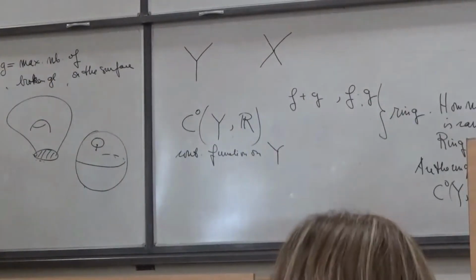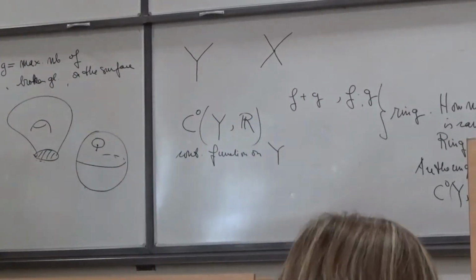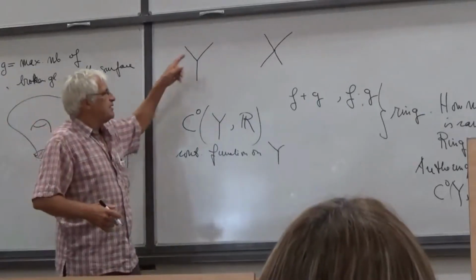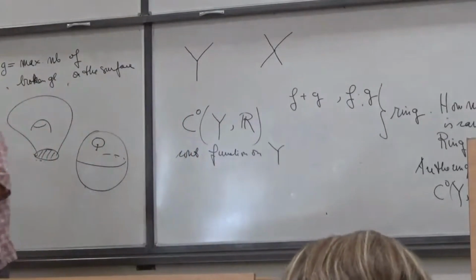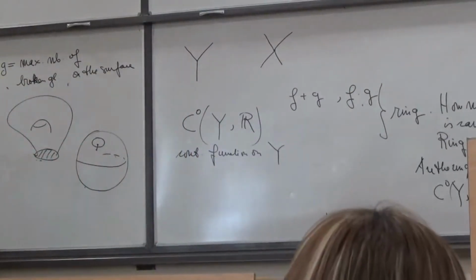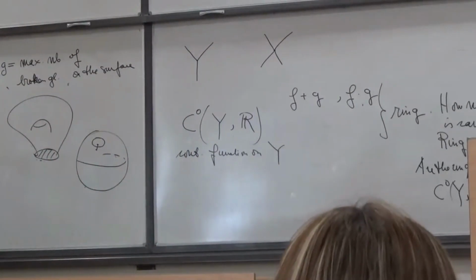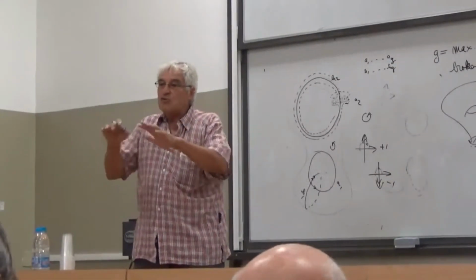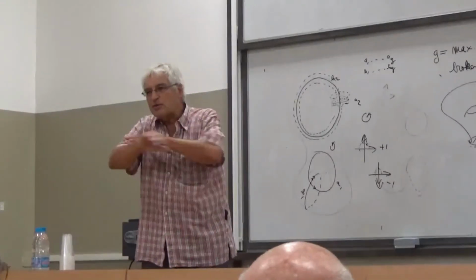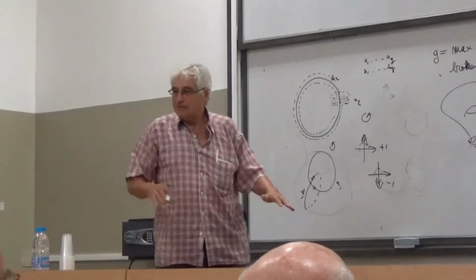Is there enough information inside the ring to say that this space is different from this space? Somebody knows the answer? So you are extremely rich. You have so much funding that you can do every measurement you like.